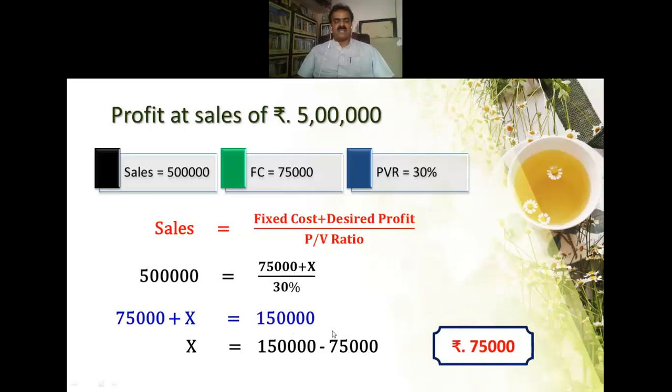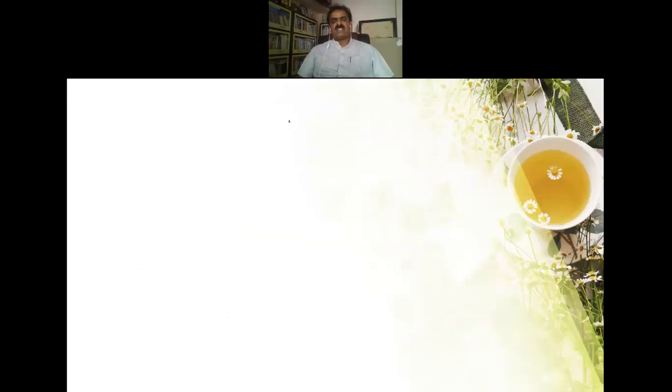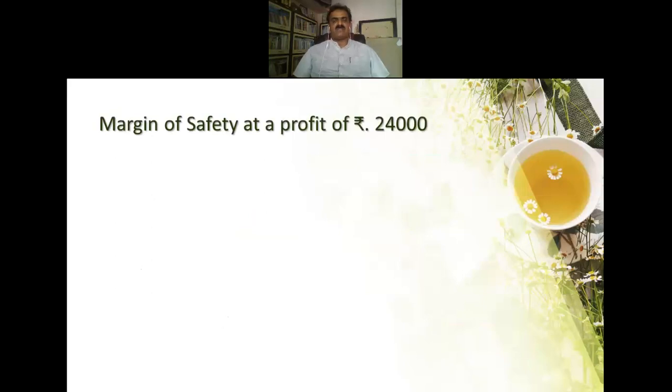This is another calculation. Next is margin of safety at a profit of 24,000. Margin of safety can be calculated with the help of two formulae. One is actual sales minus break-even sales, and the other is profit over PV ratio. The second formula we normally use when the profit is given in the case of margin of safety.